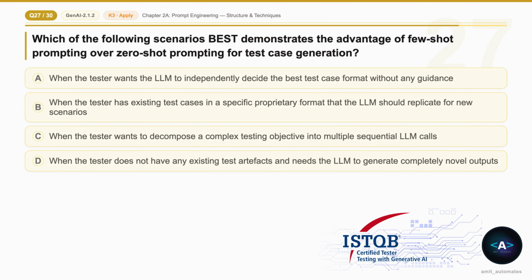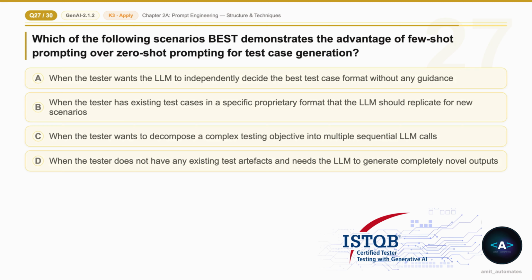Question 27. Learning Objective GenAI 2.1.2. Difficulty level K3. Which of the following scenarios best demonstrates the advantage of few-shot prompting over zero-shot prompting for test case generation? Your options are A. When the tester wants the LLM to independently decide the best test case format without any guidance.